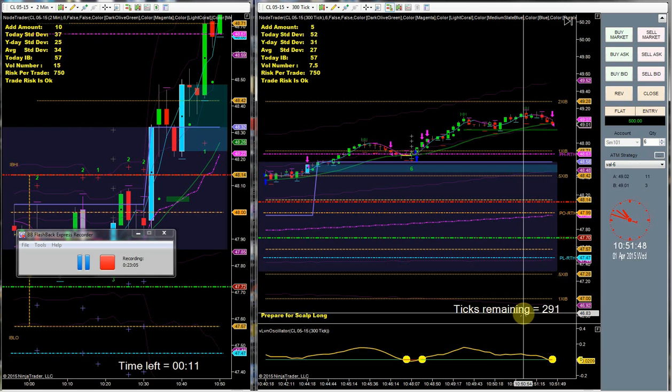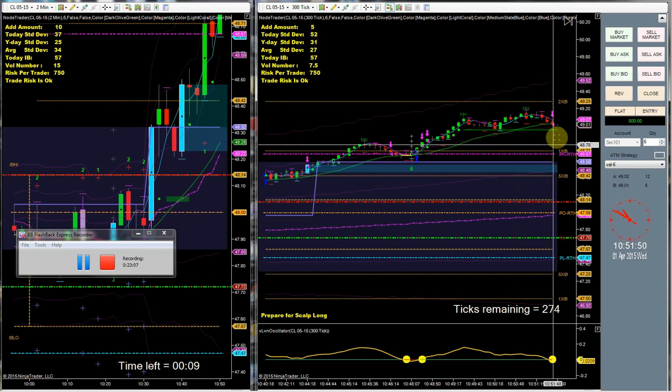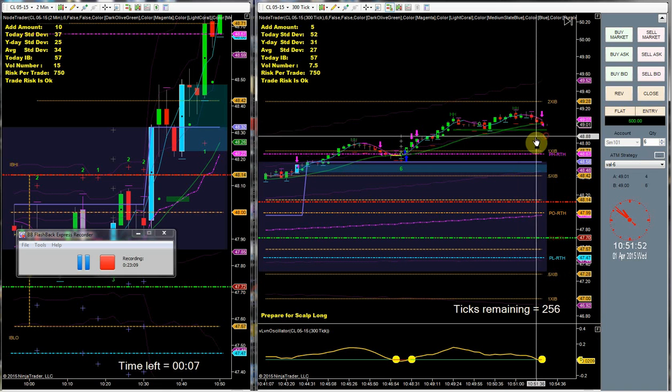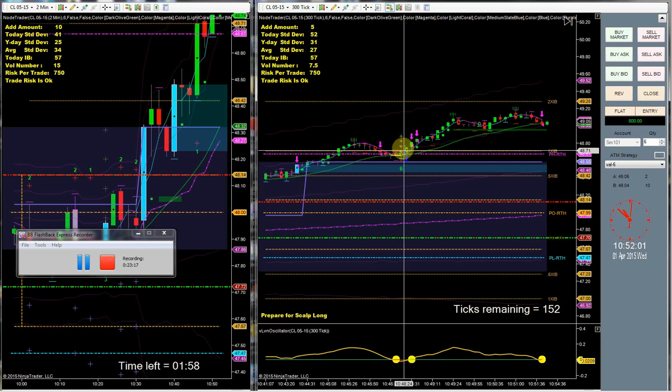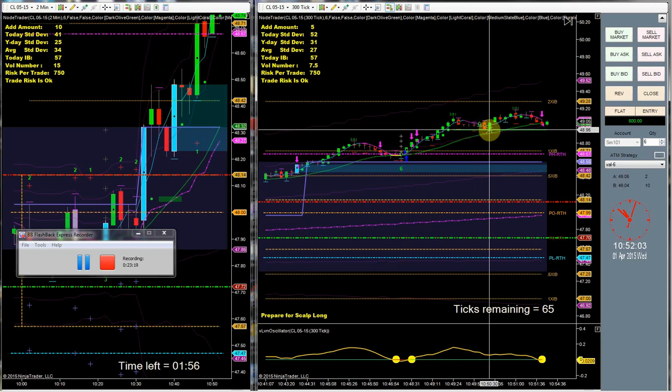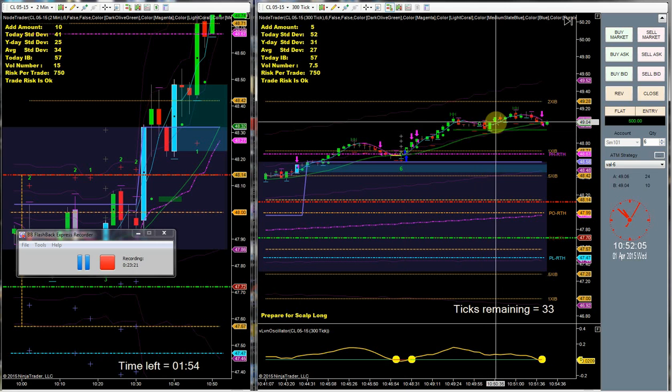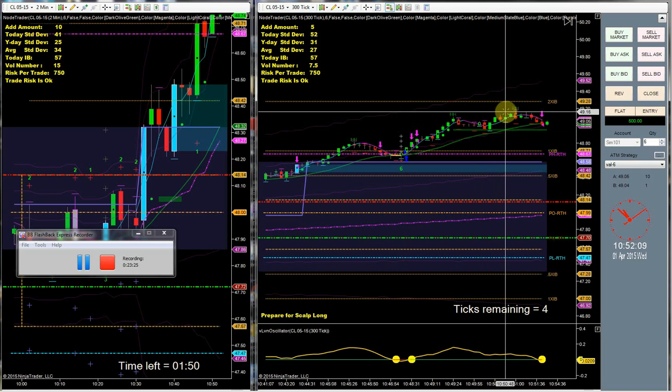Alright, and there's our stop. So lots of beautiful setups, and as you guys can see here, with this low volume node, this again would have been a winning trade, even though I was already in on this scalp trade. But the market came down to it, 95. First target would have been 05, and then 15 would have been your second target right there. So again, beautiful trade setup.